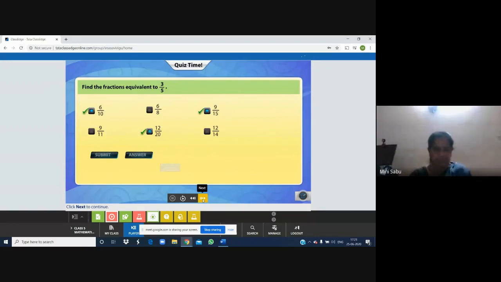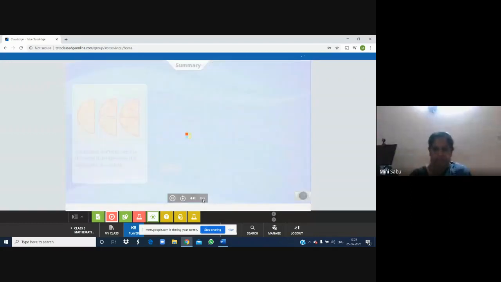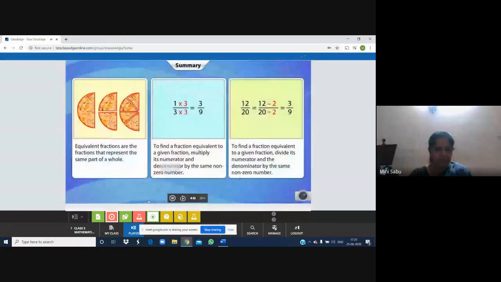Let's summarize what we have learned so far. Equivalent fractions are the fractions that represent the same part of a whole. To find a fraction equivalent to a given fraction, multiply its numerator and denominator by the same non-zero number.